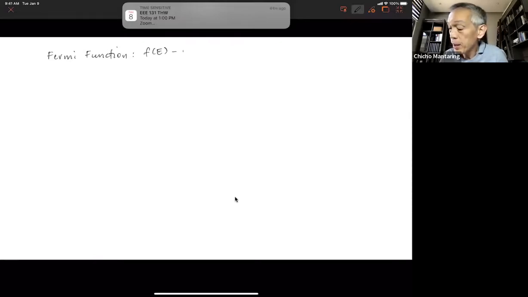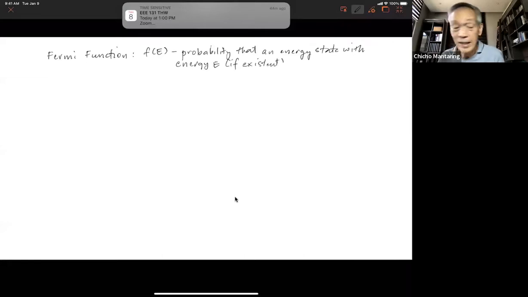This is the probability that an energy state with energy E, if existent, is occupied by an electron. I'll explain what I mean by if existent later on.